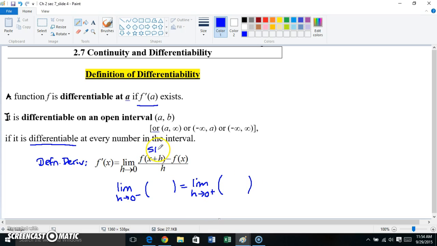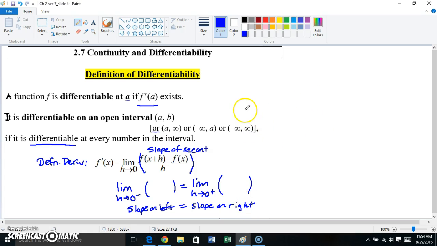Okay, and remember, this is the slope of the secant, this little expression right here. Or the slope between 2 points, on the left and on the right. So we want to know that the slope exists on the left and on the right, and the two slopes are equal. So think of it as slope on left equals slope on right.